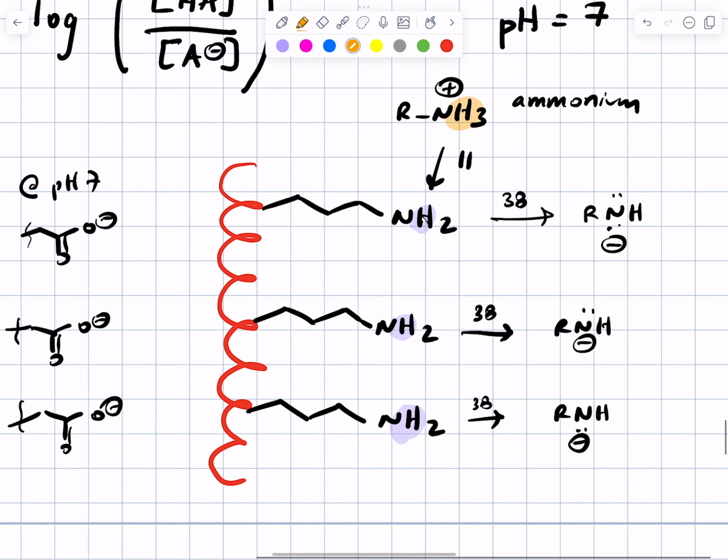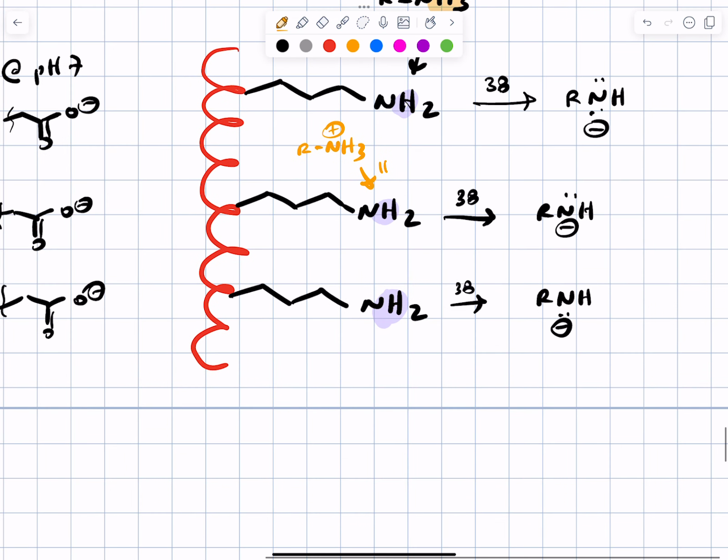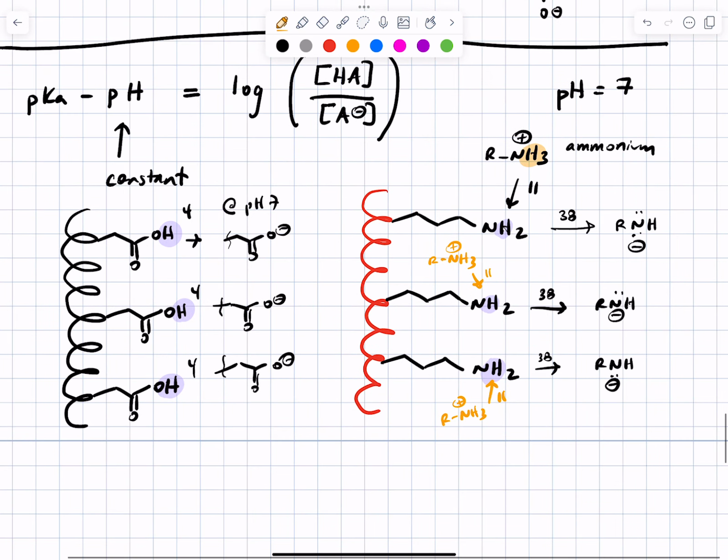All of these have positively charged conjugate acids whose pKa's are around 11, ammonium ions. And compare 11 to 7, tell me at pH 7, what's the deal with the orange proton? Is it still there or is it gone?